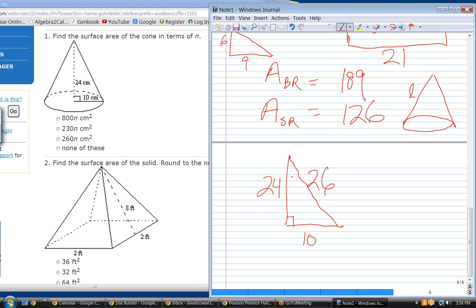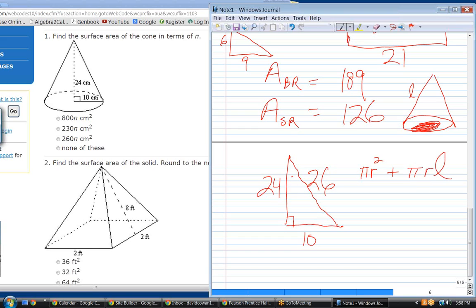26 exactly? Yes. Okay. So the surface area of a cone is the base, which is pi r squared, this part here, plus pi r L, where L is the lateral surface area.